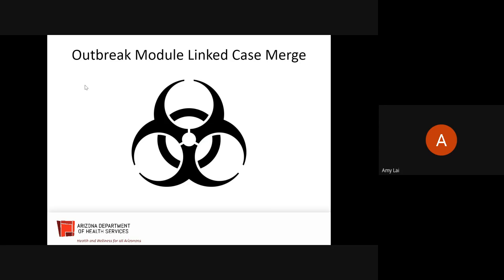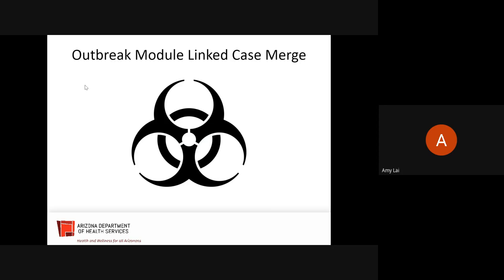Next, I want to talk about outbreak module and link case merge. I'll quickly go through this. We'll talk a little bit more about the outbreak module in our 4th session. But if the duplicate cases are associated with the same outbreak, you are able to merge them.